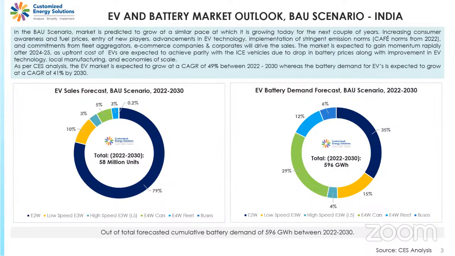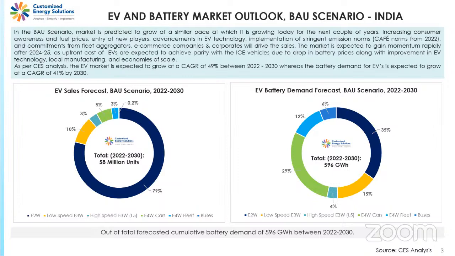And to run all these vehicles, we would need a forecasted total of 596 gigawatt hour battery demand till 2030. And this is just business as usual. I'm not even talking about when FAME 3 comes, and the demand could go up, and then the battery demand would also increase.